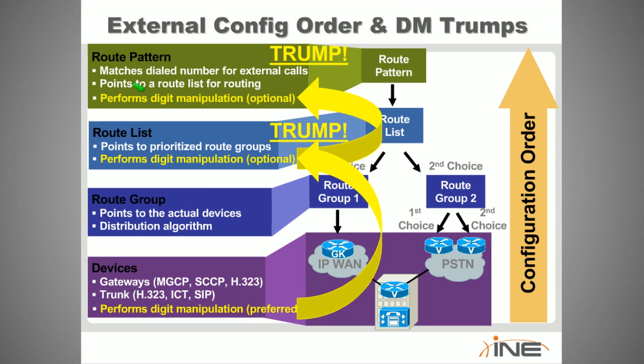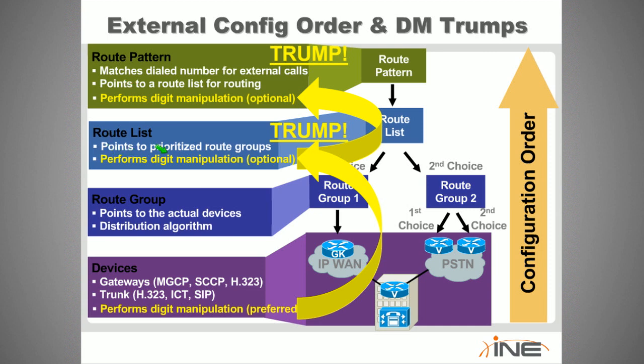And the reason it's a lot to think about, more than it was before, as I mentioned, at route pattern level and at route list details, and even in translation patterns, which we're not talking about here, we've always had calling and called party transformations. The difference was the call had already gotten to the route pattern, and we told it exactly how we wanted it transformed there on the route pattern page.